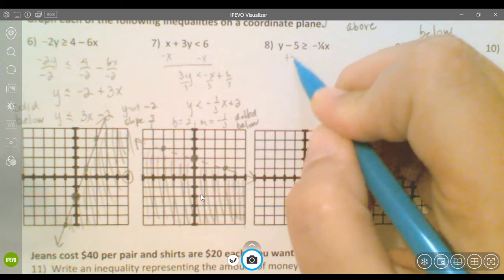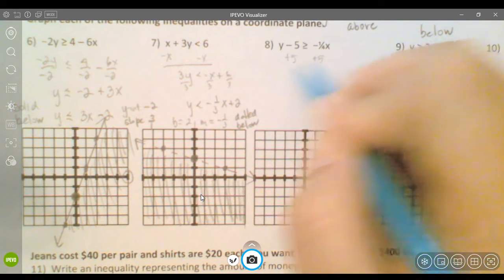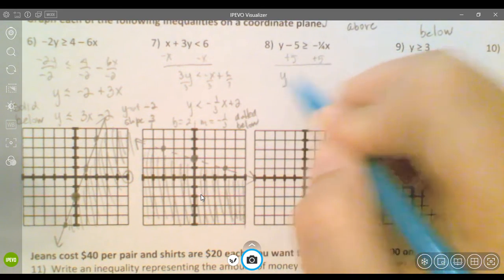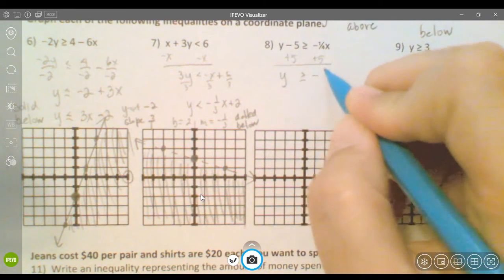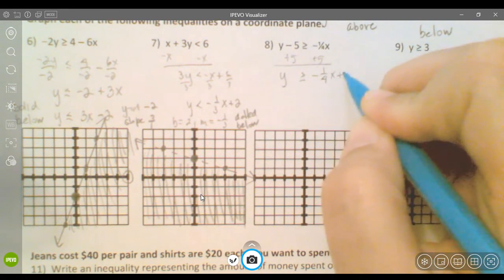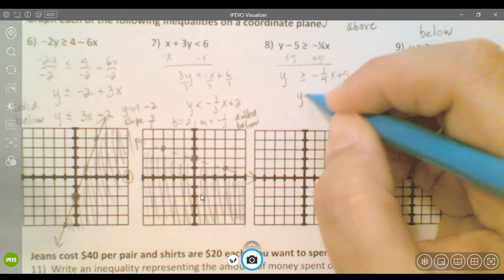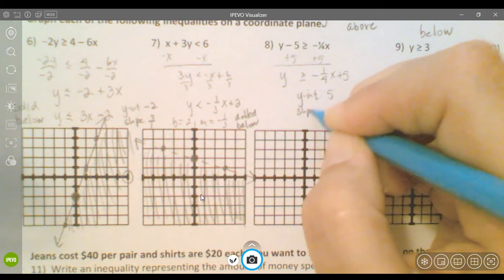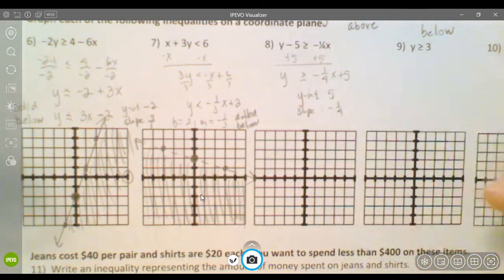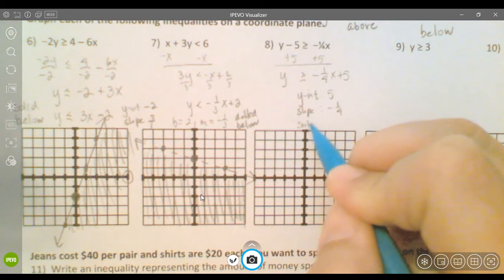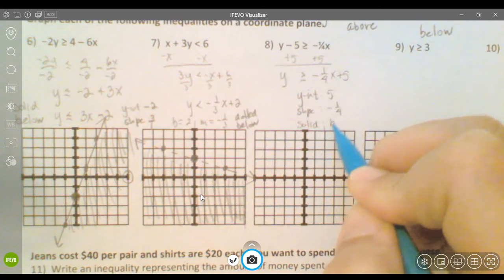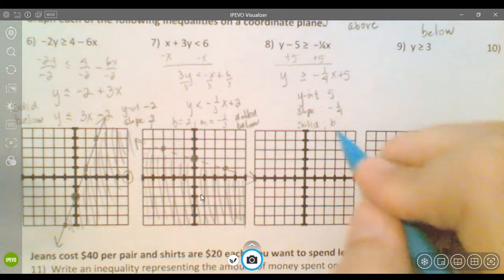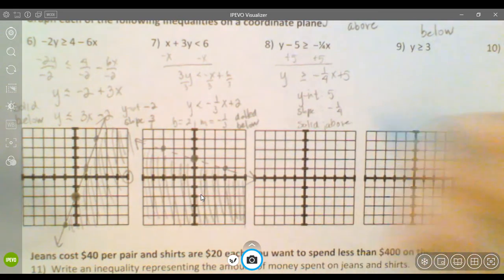So to solve this for y, we add 5. So we get y is greater than or equal to -1/4 x plus 5. My y-intercept is 5. My slope is -1/4. We are solid, and we shade above. Oh, look at that cover. Nice.